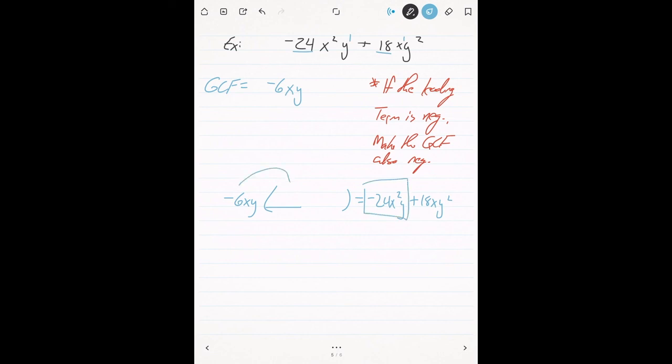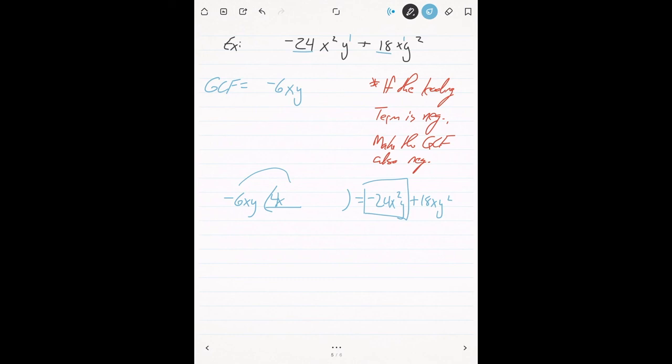Well, negative 6 and 4 makes negative 24. I have an x to the first, and I need to get an x squared, so I'll multiply it by another x. There's a y to the first and a y to the first there, so I won't do anything. So the first term in our new answer should be 4x.